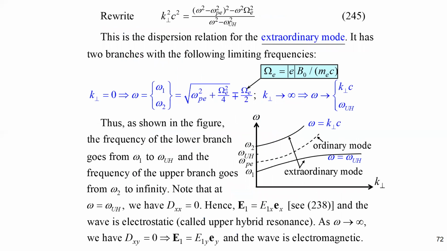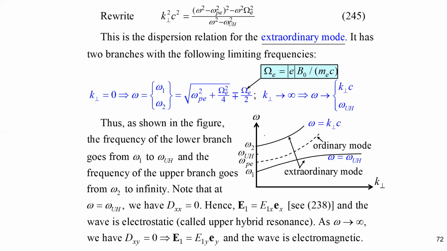This is the dispersion relation for the extraordinary mode. It has two branches with the following limiting frequency. For the extraordinary mode, K perpendicular equals 0. So we have two frequencies, omega 1 here, omega 2 here.